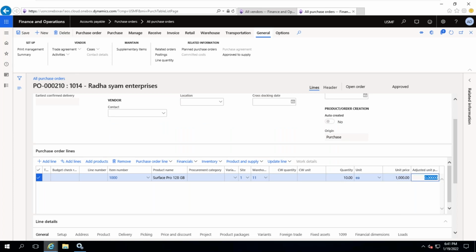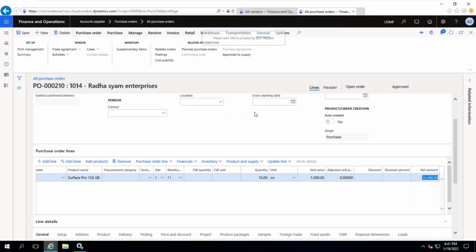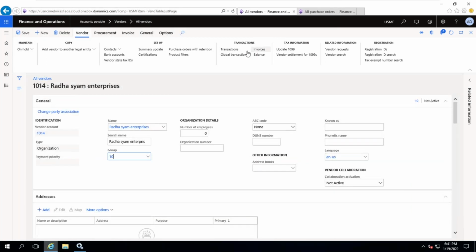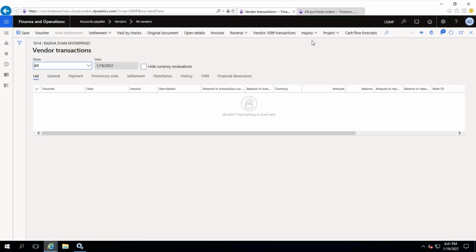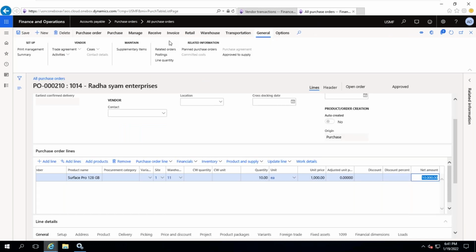Suppose it is created. Now if you verify vendor transactions, it will not show anything, because we have not posted any financial postings. The purchase order was created, and because of that, it will not affect anything. Now let me do a confirmation.